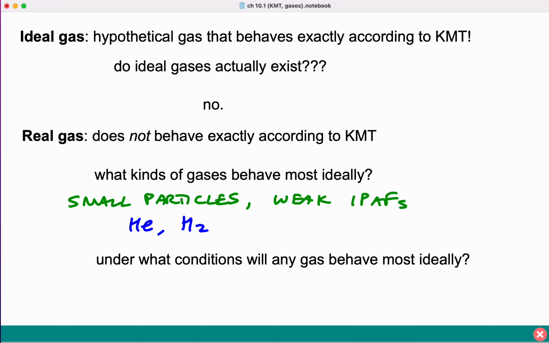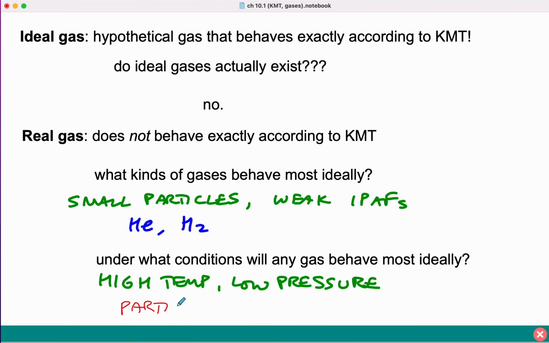If you think about it for a while, you'll realize that that would be when we are at conditions of high temperature and low pressure, because when we increase the temperature of a sample of gas and decrease the pressure, that means that the particles spread out. And when the particles spread out and are farther apart from one another, then they have weaker interparticle attractive forces, their volume is relatively less of the entire volume of the gas, and therefore they behave more closely to the kinetic molecular theory.